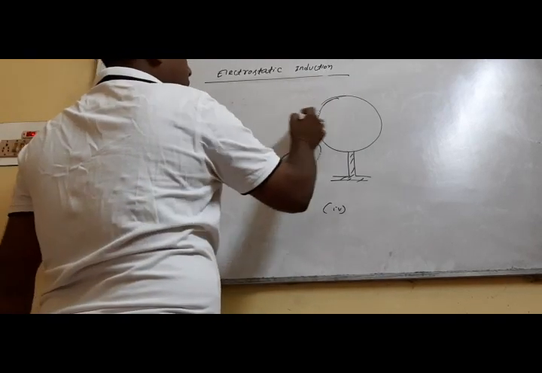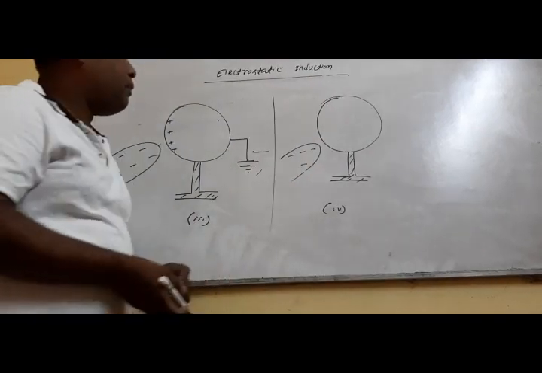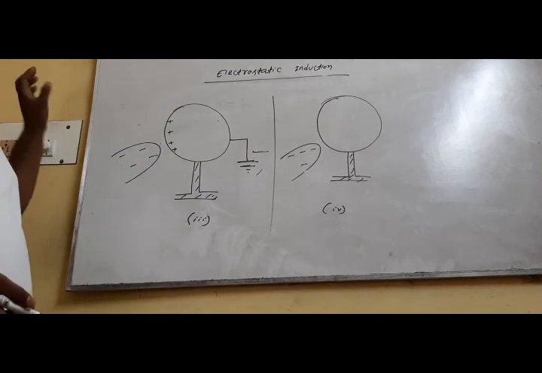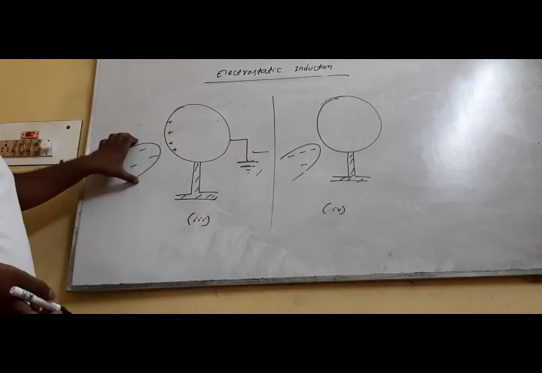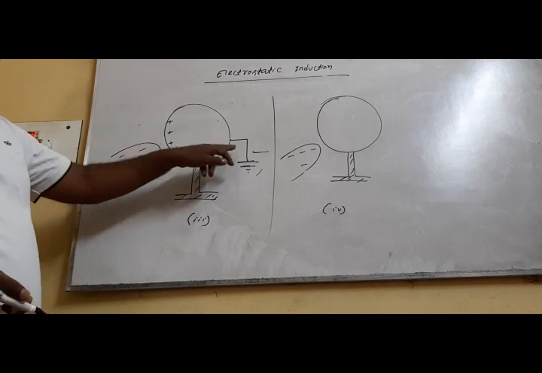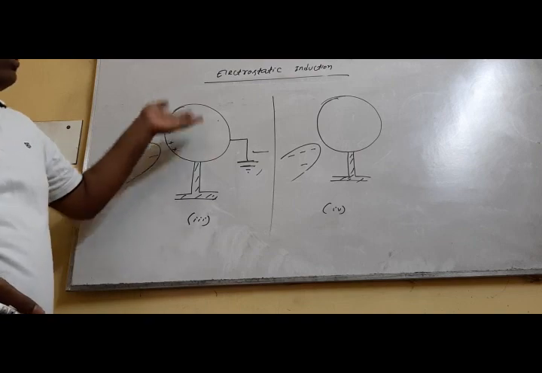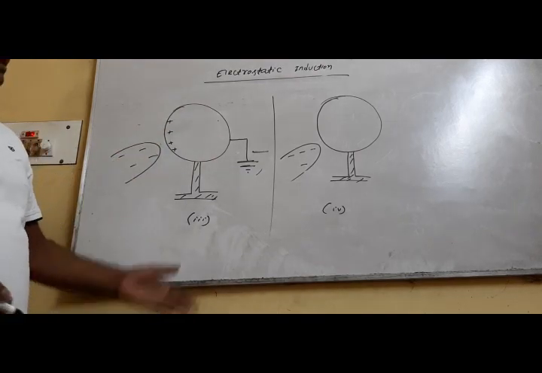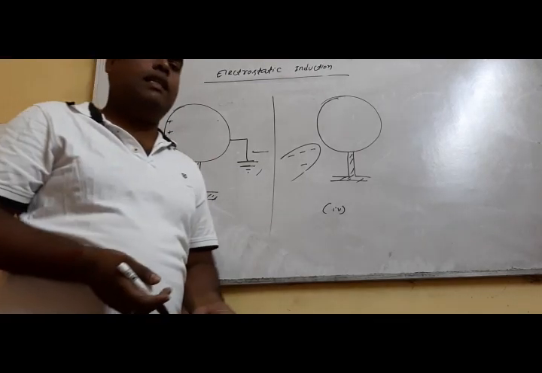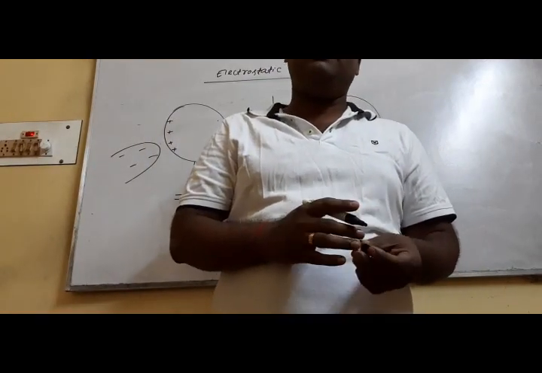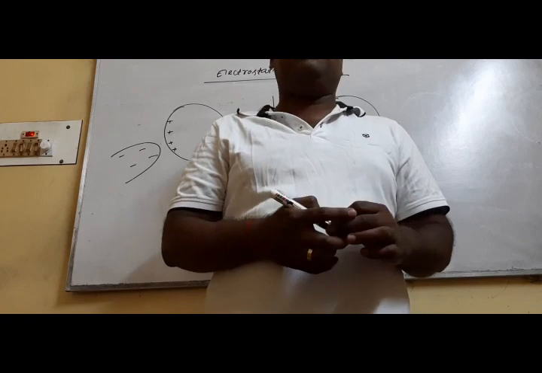Here the question arises: why do we first cut the earthing, and not move this body away? Because if you move this body away and do not cut the earthing, then this positive charge will also disappear by earthing. Any charge, positive or negative, can be eliminated by the method of earthing.